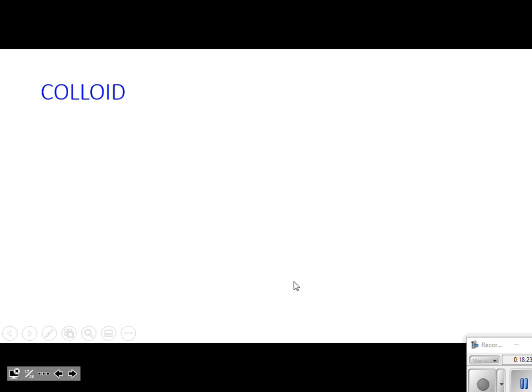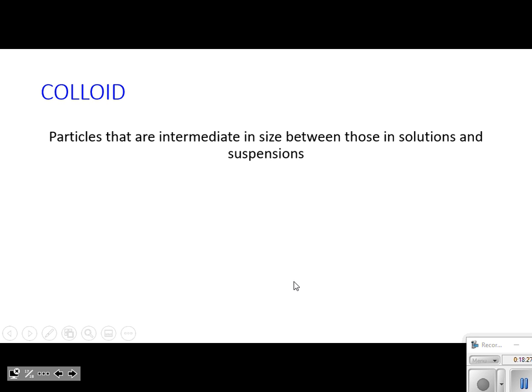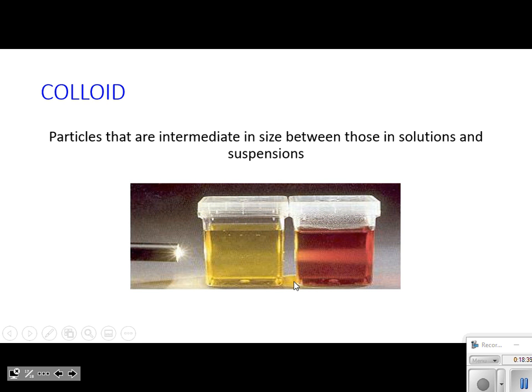A colloid. These particles are intermediate in size. So it's between a solution and a suspension. The particles are not big enough that you can see them, but if we do a simple test, you can tell. Now, if you look at these two things, I'm taking a light right here. I've actually not done it, but I found this picture of this light.